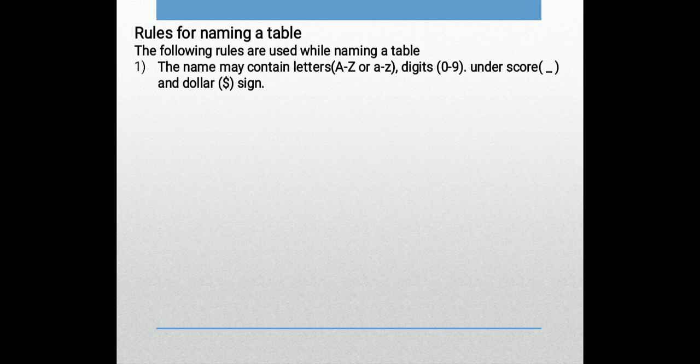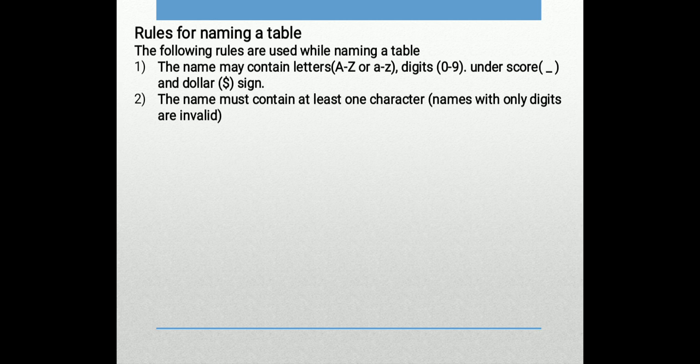The rules are: first rule, the name may contain uppercase letters, capital A to capital Z, or lowercase letters, small a to small z, or digits from 0 to 9, or an underscore, and a dollar symbol. These symbols are all used to create a name.